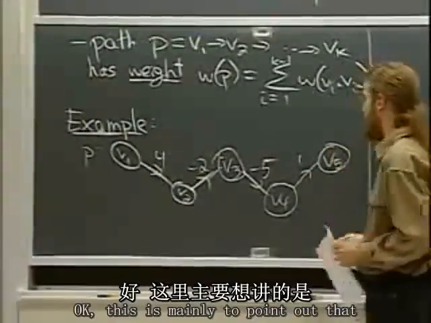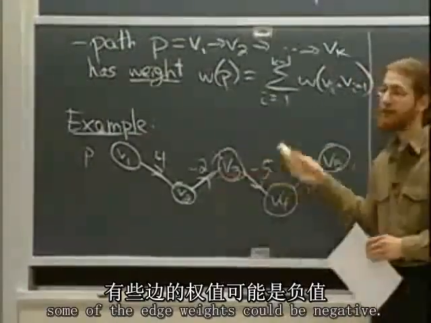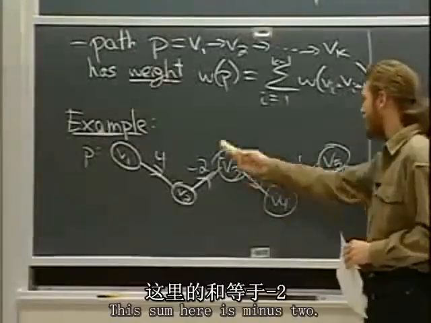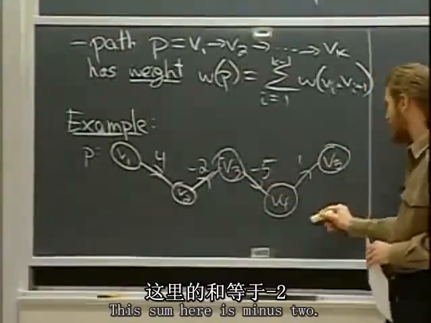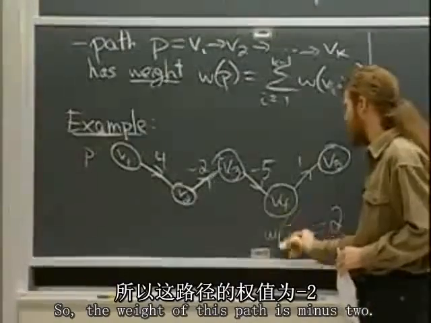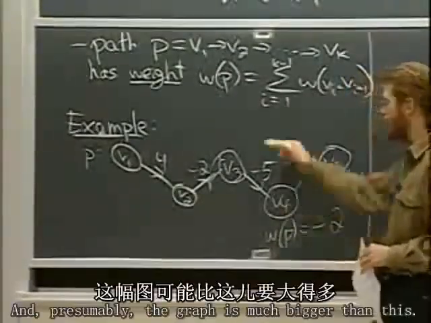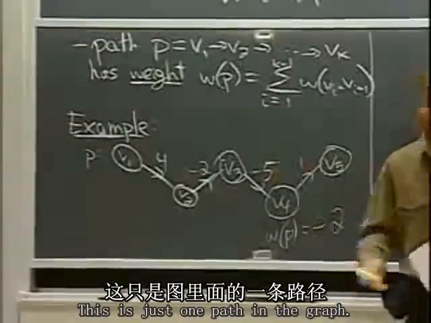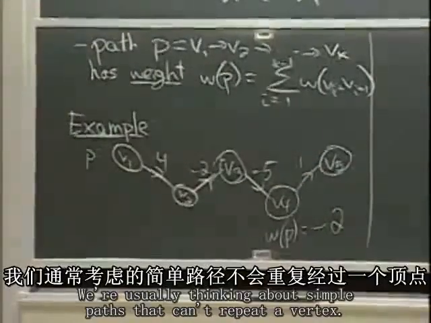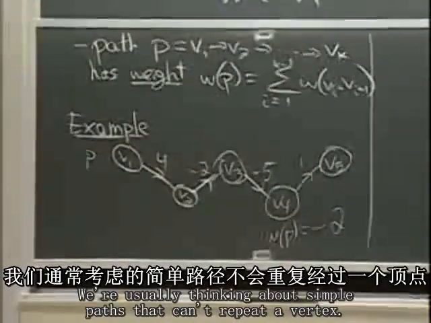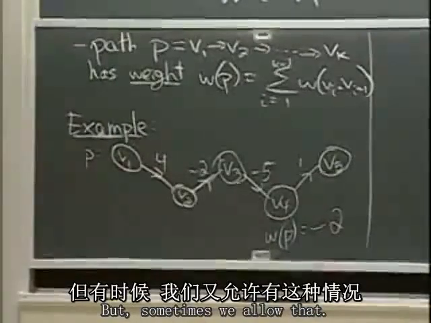This is mainly to point out that some of the edge weights could be negative, some of them could be 0. The sum here is minus 2. So the weight of this path is minus 2. And presumably the graph is much bigger than this. This is just one path in the graph. We're usually thinking about simple paths. They can't repeat a vertex, but sometimes we allow that.